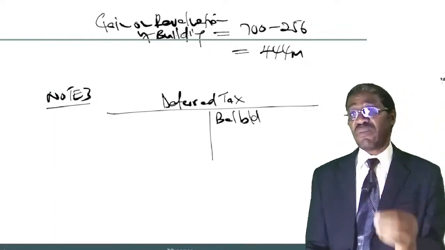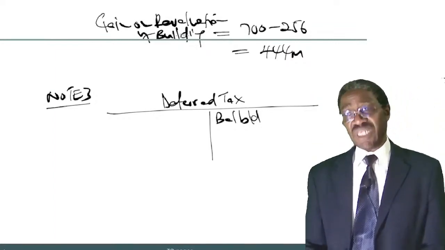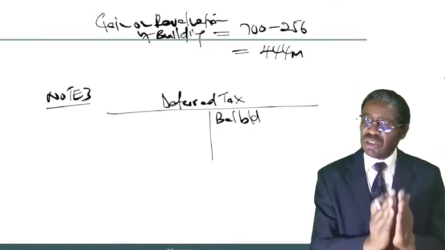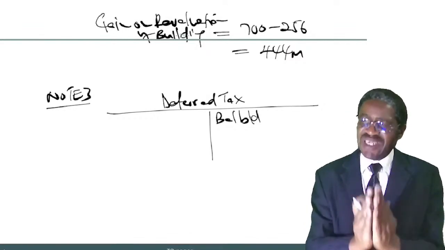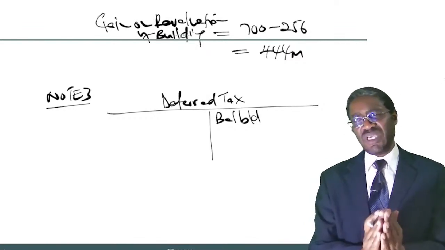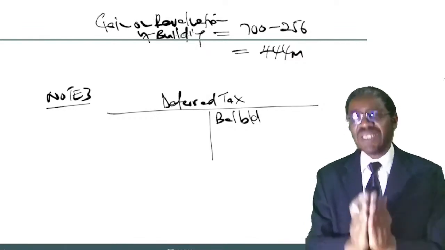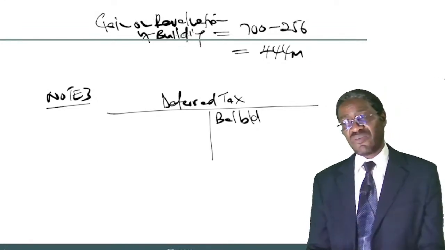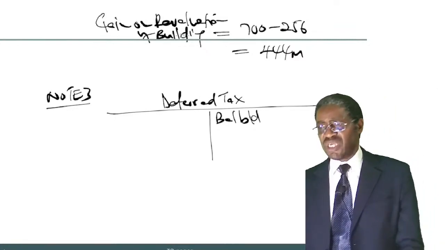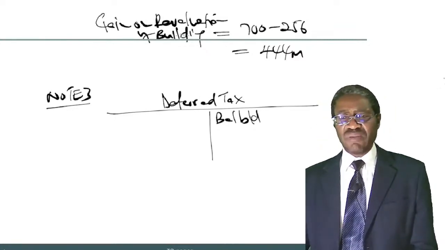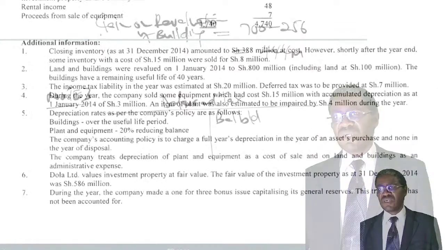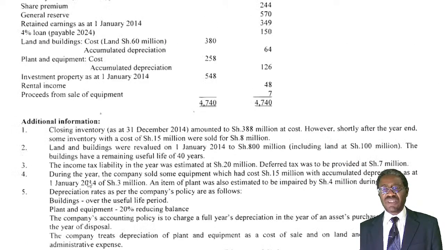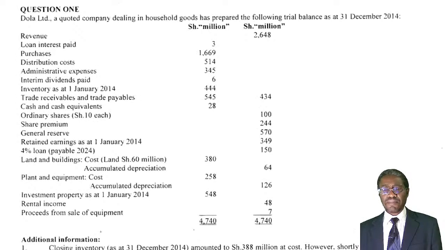So let's go to the trial balance and check what the opening balance is. The note says deferred tax to be provided at 7 million, which is the same as saying deferred tax to be maintained at 7 million, meaning you carry down 7 million. But what was it at the beginning of the year?